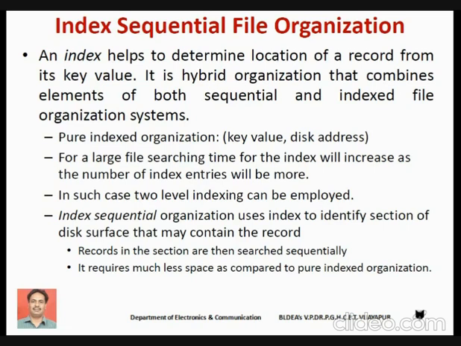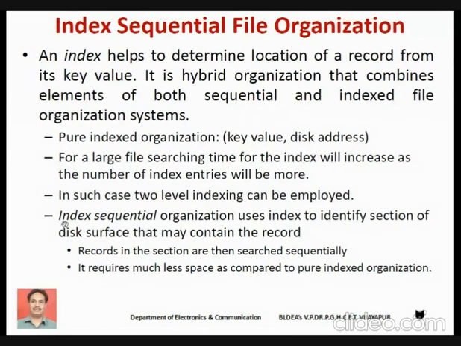Now, if I require the 15th record, first I will go to the address of the 11th record, then access the 15th record sequentially. Such a concept we call index sequential file organization.